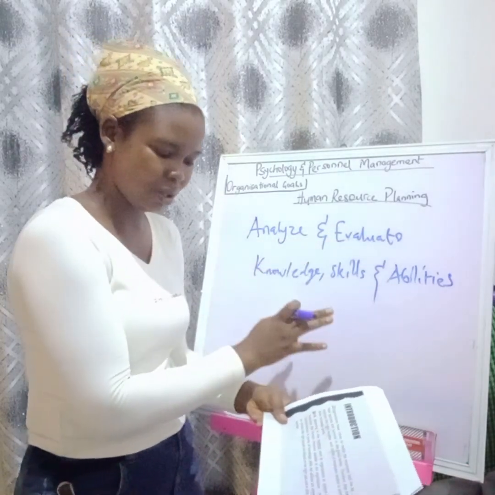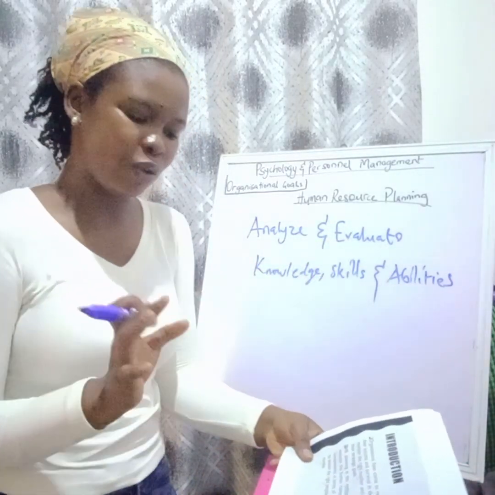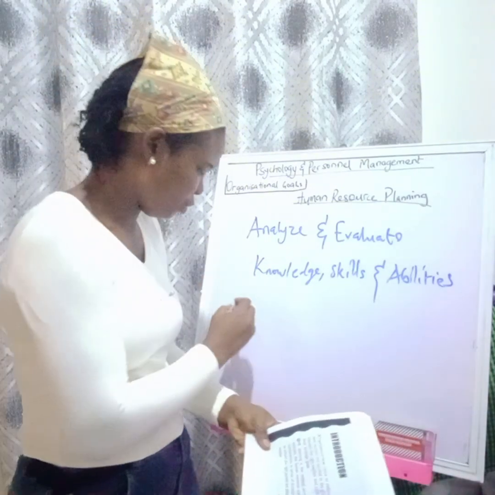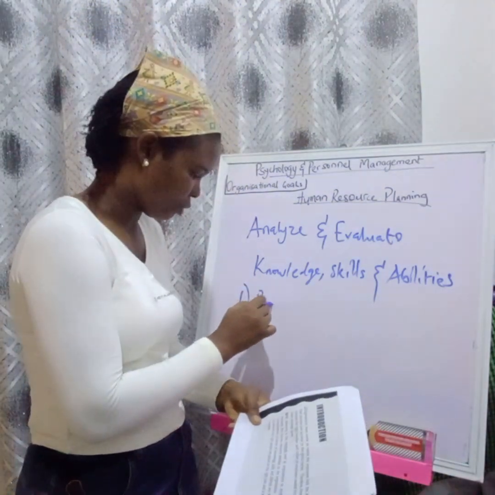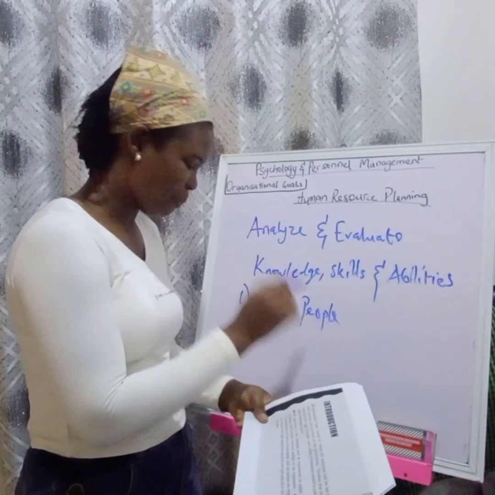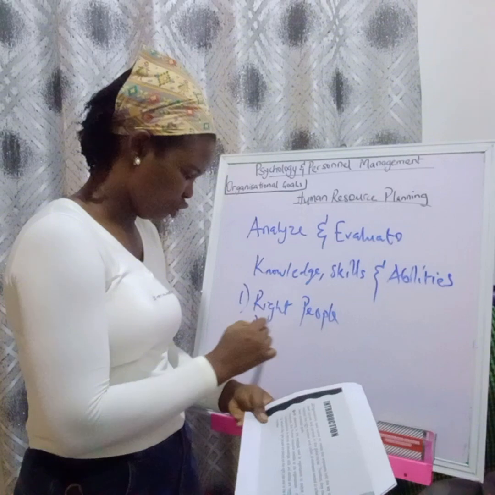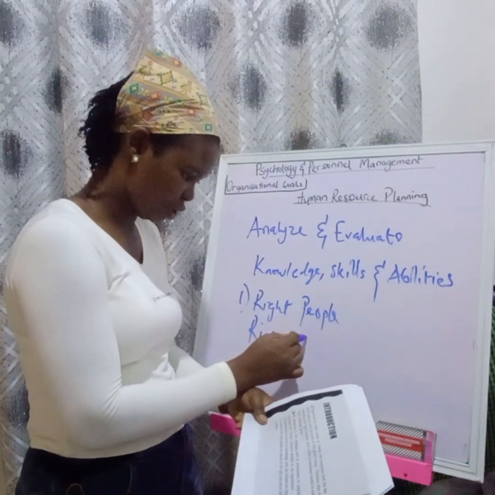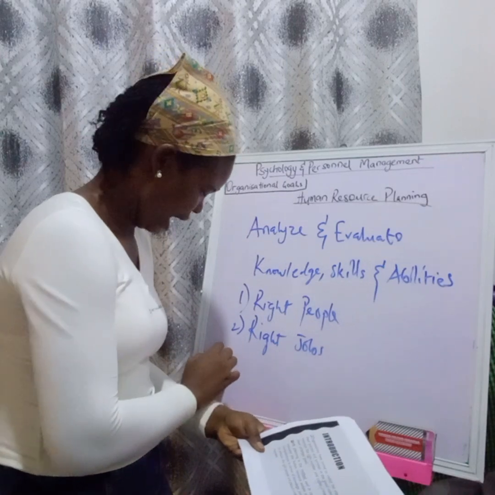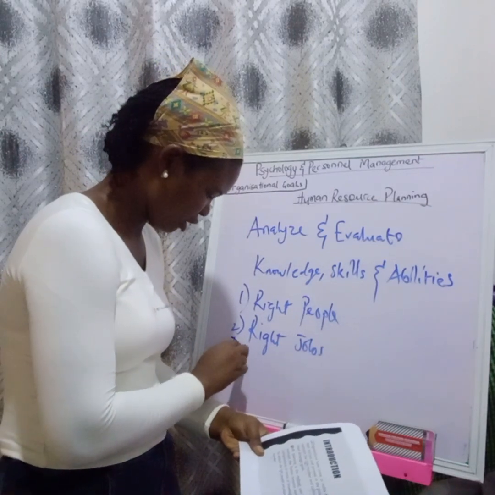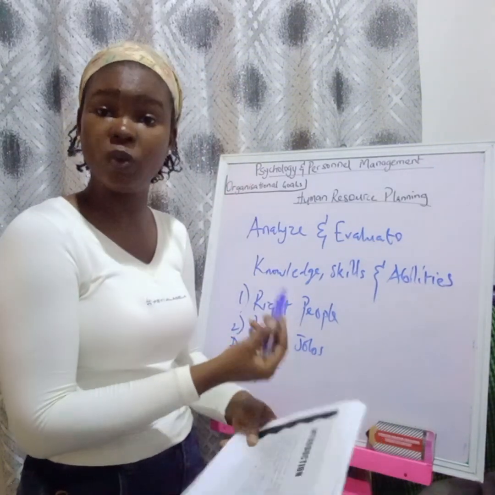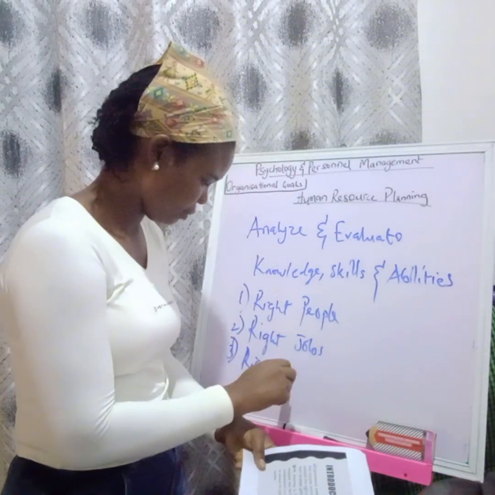The knowledge, the skills, the abilities, in terms of competencies, to review that the right people are placed in the right jobs or positions and at the right number, so that where you need 15 people, you're not going to employ 25 and be wasting organizational resources.